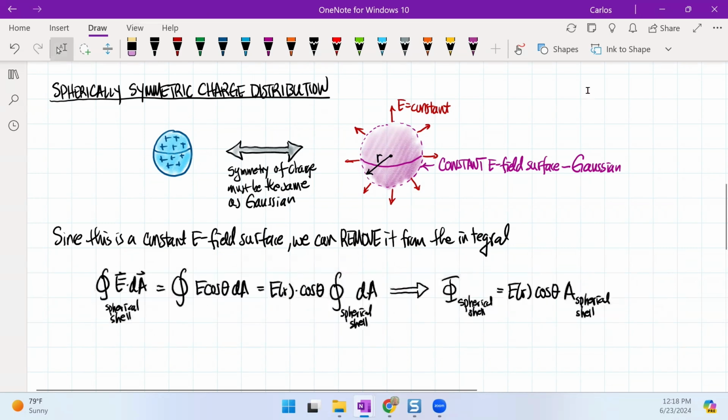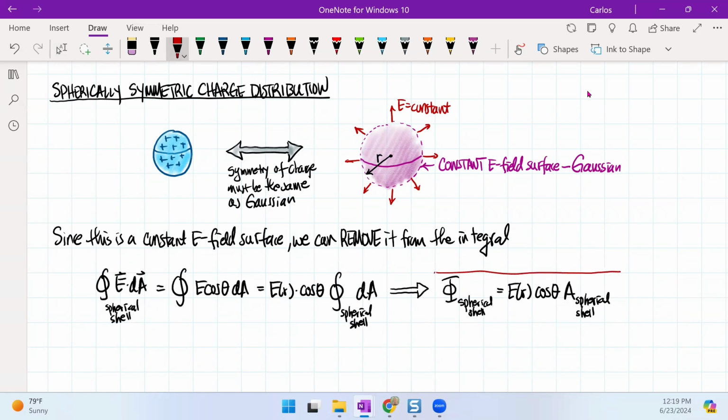The reason this is a powerful statement is that look what the flux depends on. As a consequence, what does the electric field depend on? You're seeing here that the electric field depends on the shape of the Gaussian.